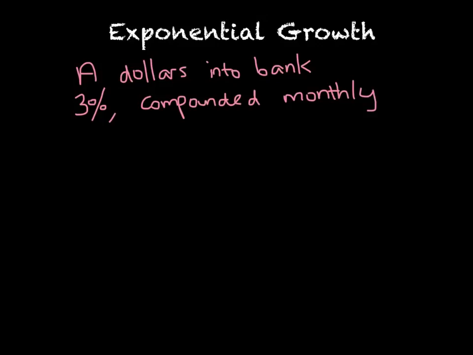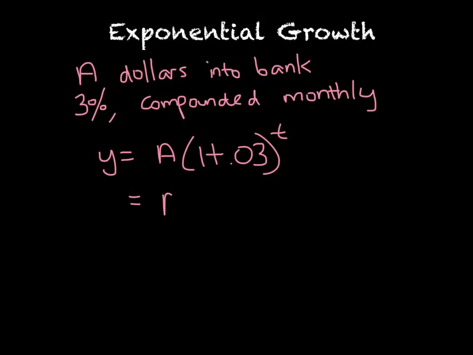Then we can model our amount of money in the bank as y equals a times 1 plus 0.03 to the power of t, or a times 1.03 to the t, where t equals the number of months that have passed.